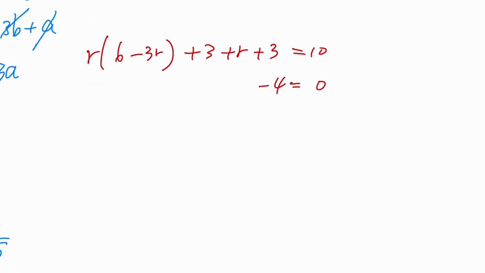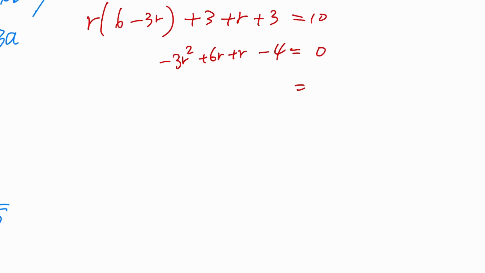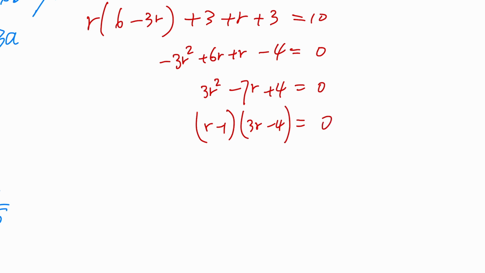And move the 10 to the left-hand side. We get negative 3R squared plus 6R plus R minus 4 is equal to 0. Multiplying by negative 1, we get 3R squared minus 7R plus 4 is equal to 0. We can easily factor this to R minus 1 times 3R minus 4 is equal to 0.